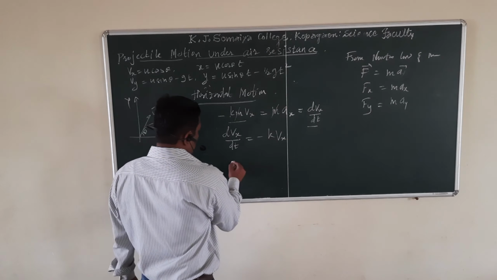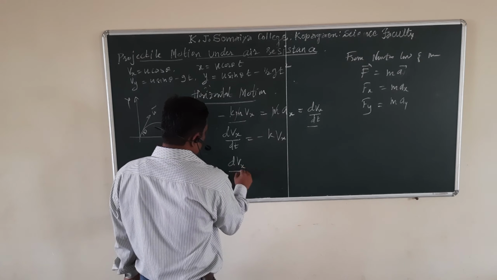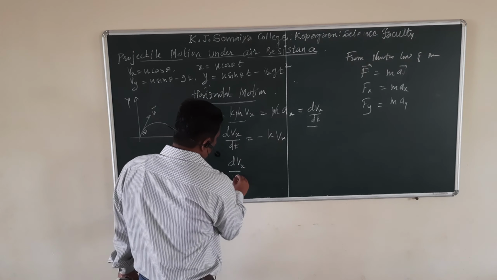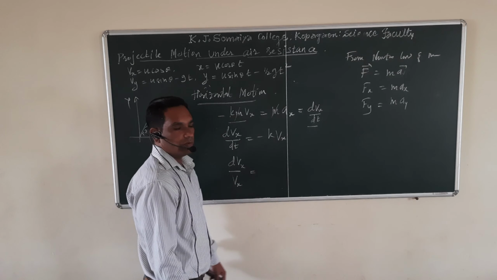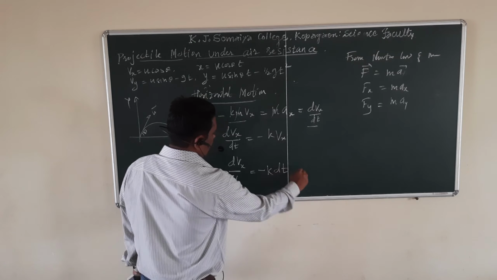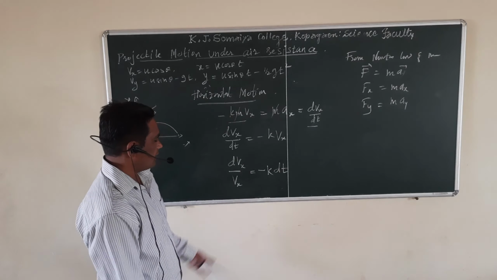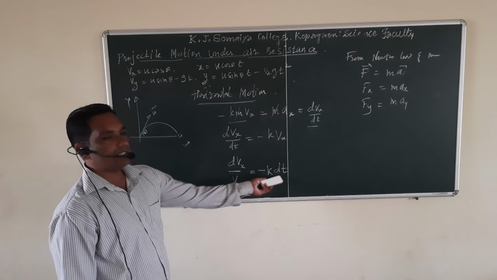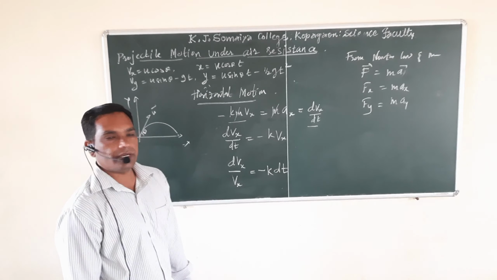By separation of variables, we take Vx over here, dvx upon Vx is equal to minus k into dt, taking dt on the right hand side.